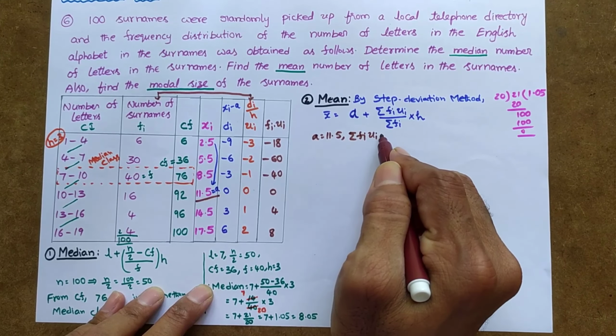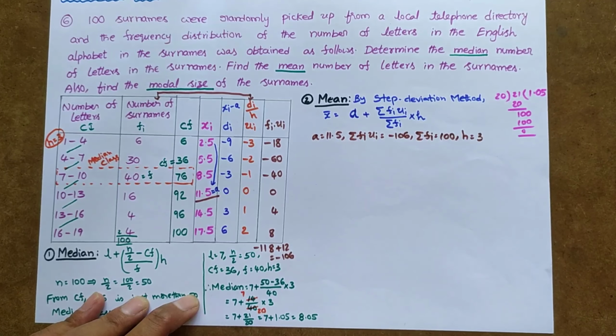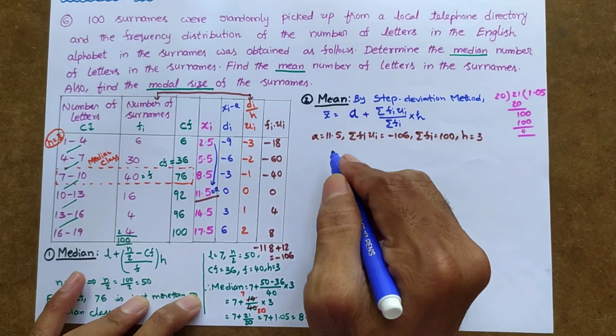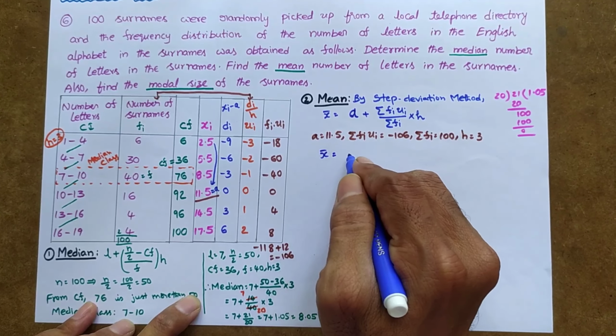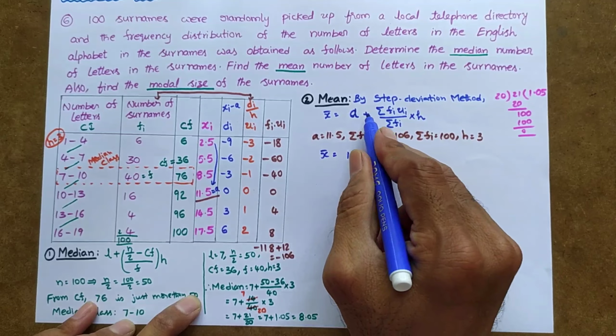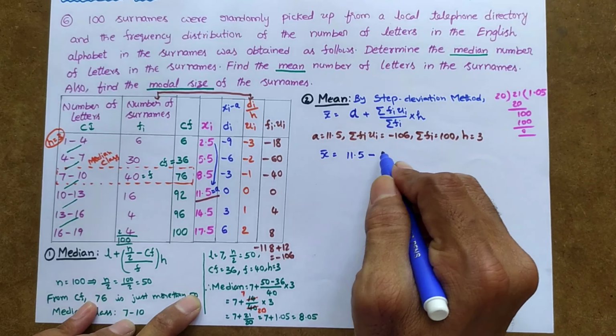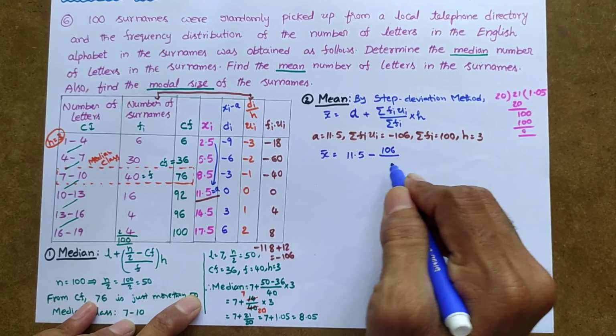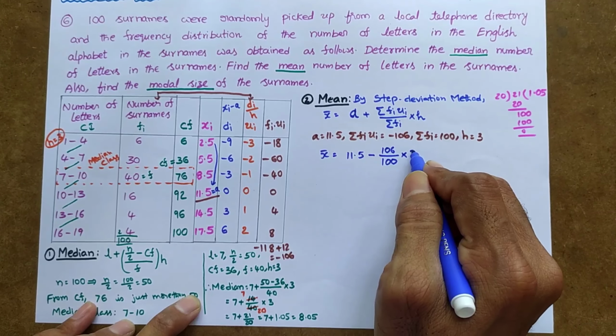So this value is minus 118 plus 12 is minus 106. So sigma Fi ui is minus 106 and then sigma Fi, you see the sum of the frequencies, that is 100, and H is 3. Now let us substitute these values in the formula above. So here we have mean x bar equal to A is 11.5, here is plus, here is minus, so plus into minus is minus, 106 by sigma Fi is 100, into 3.